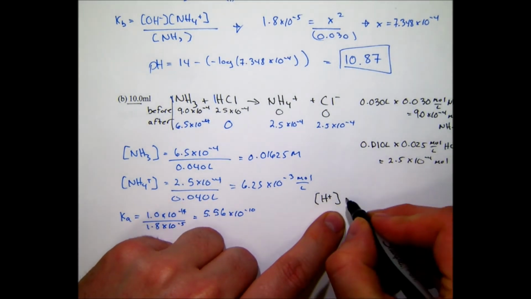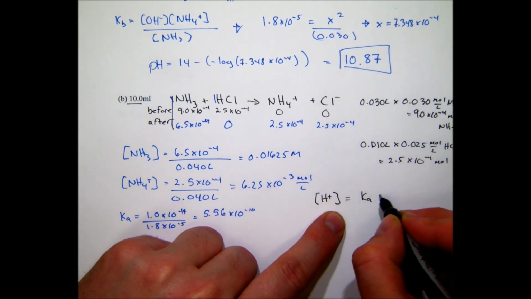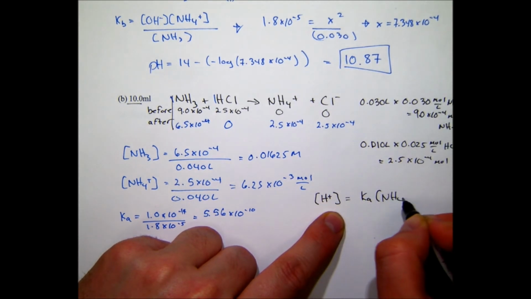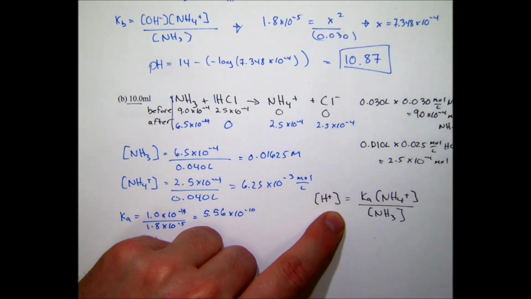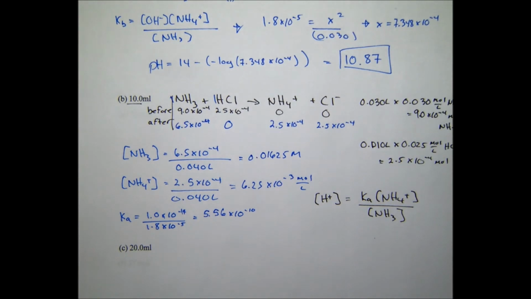So H plus is equal to Ka times NH4 plus over the concentration of NH3. Solving for H plus just allows us to go directly to pH.